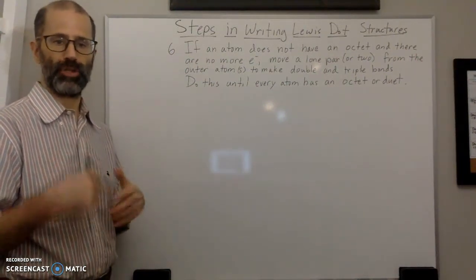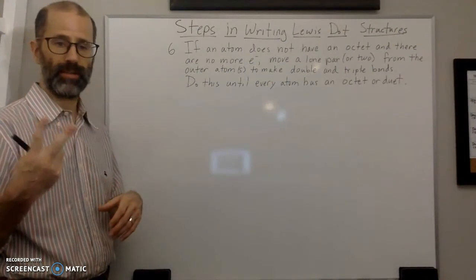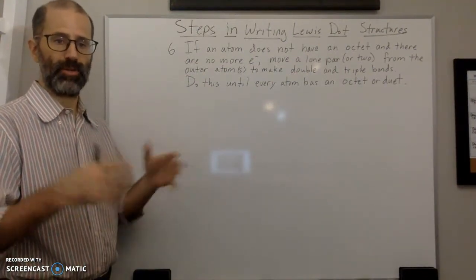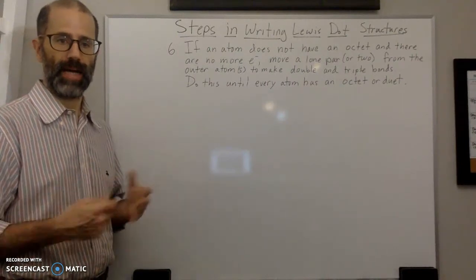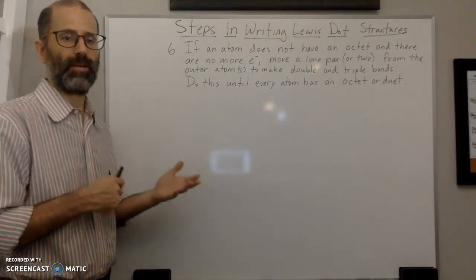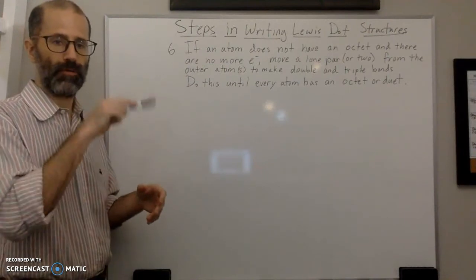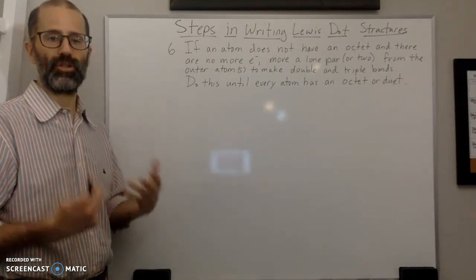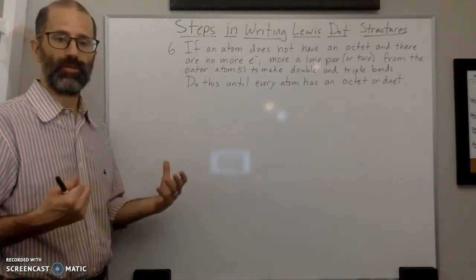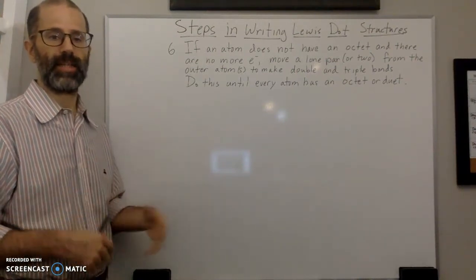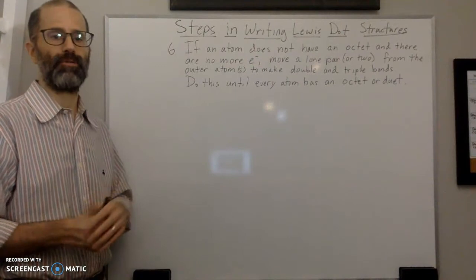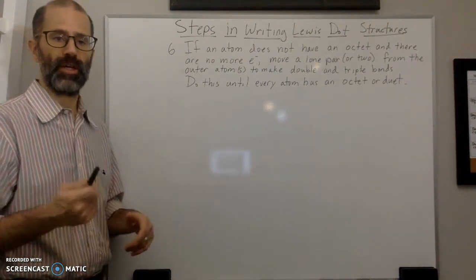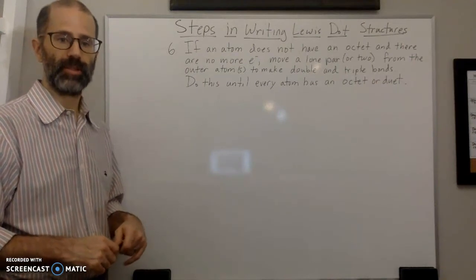So you might have to do this once, you might have to do it twice, in order to make it so that atom has an octet. Once that atom has its octet, you verify again that all your atoms have an octet or a duet. And if everyone is fine with a duet or an octet, then you know you're done and you have a legitimate Lewis dot structure for this particular substance.